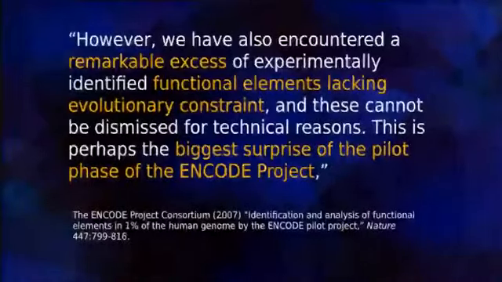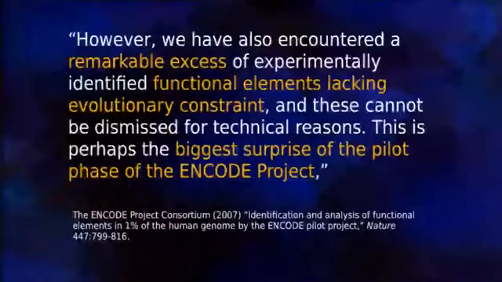And they say these cannot be dismissed for technical reasons. "This is perhaps the biggest surprise of the pilot phase of the ENCODE project." So their biggest surprise wasn't that junk DNA wasn't junk, but that it wasn't junk and it wasn't the same. Because if it's important and functional and doing something, all mammals should have, relatively speaking, the same junk DNA, but they don't. So that's what's bugging them about this.